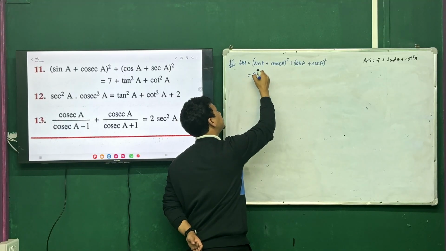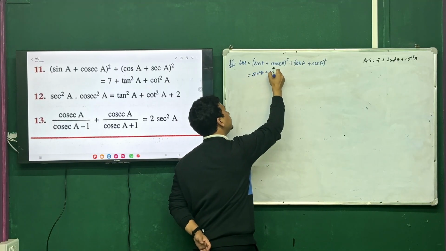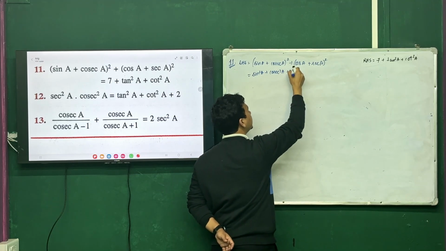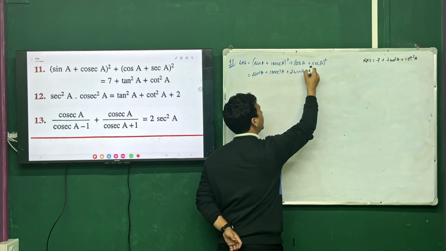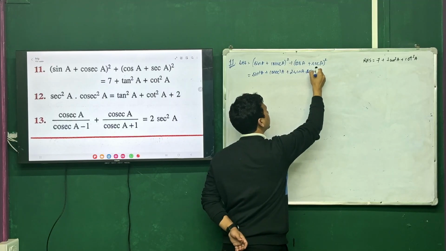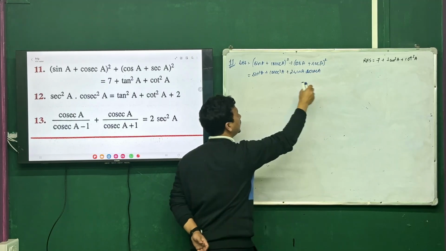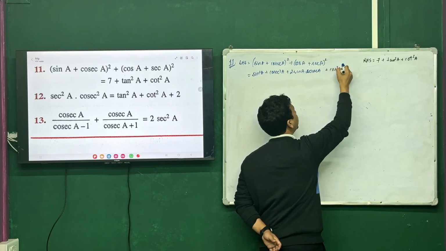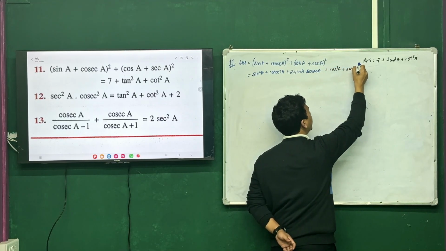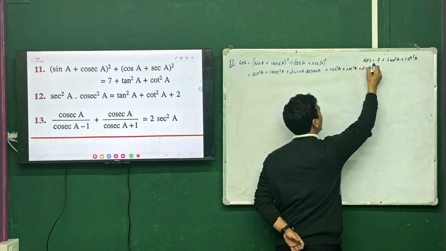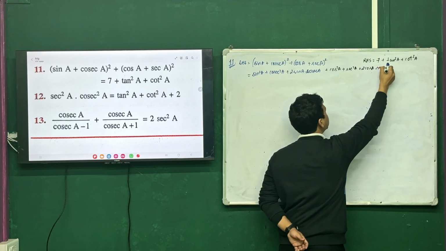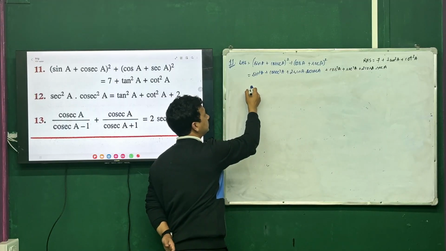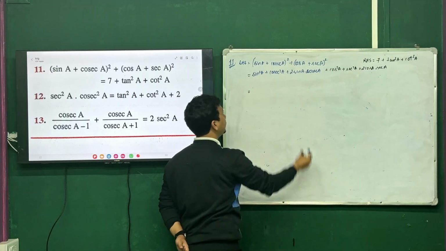So this is sine square A plus cosec square A plus 2 sine A cosec A, like A square plus B square plus 2AB. Then similarly this, if I open the bracket, what do I get? Cos square A plus sec square A plus 2 cos A sec A. This is what I was talking about.